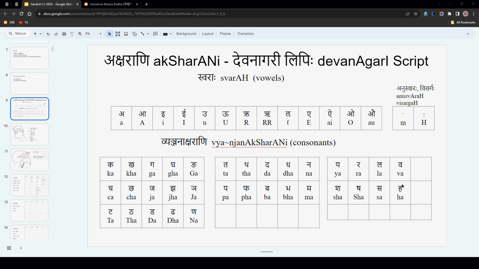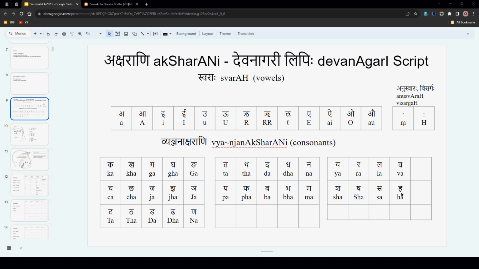This ha coming in the vyanjana has a nada or vibration in it.